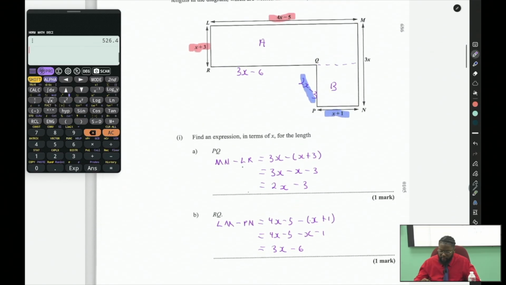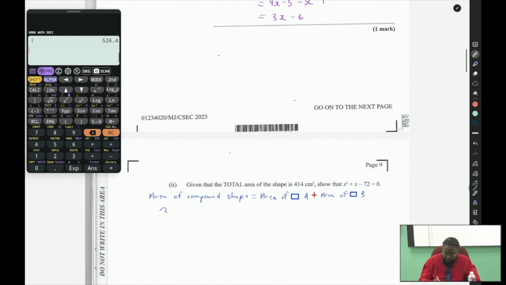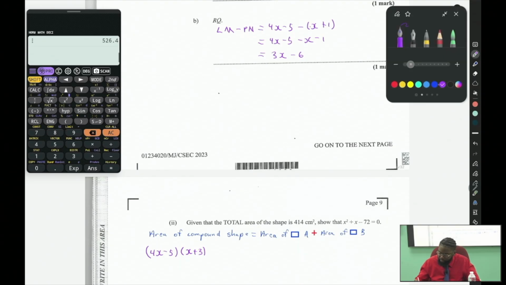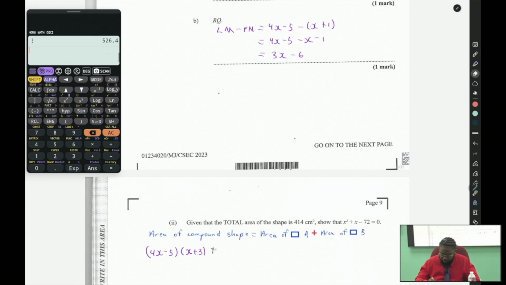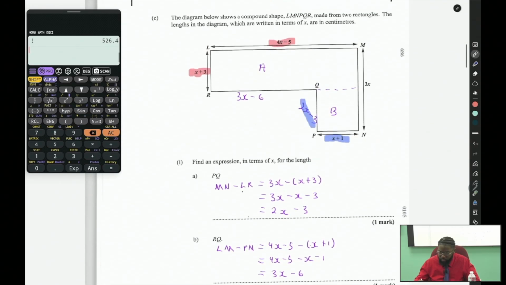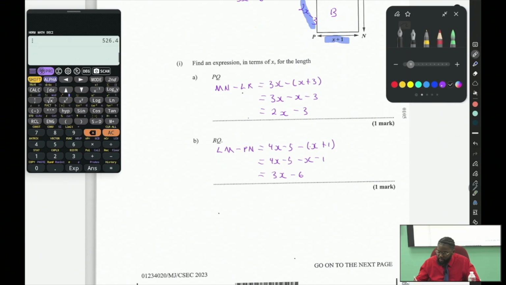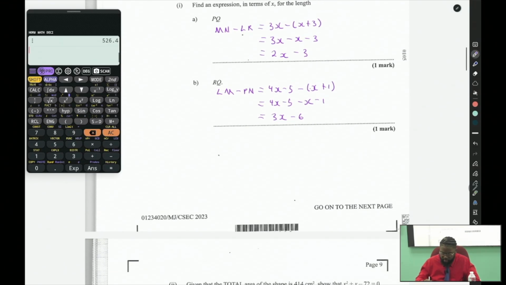So for rectangle A, 4x minus 5 multiplied by x plus 3, plus the area of rectangle B, which is 2x minus 3 multiplied by x plus 1.